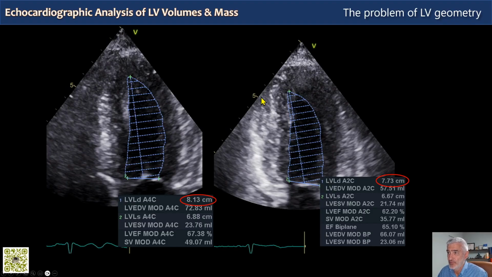So before concluding what the volumes and the ejection fraction are in the patient, we must verify that the difference between the two four-chamber and two-chamber long axes is minimal. It's better if it's less than 5 millimeters.